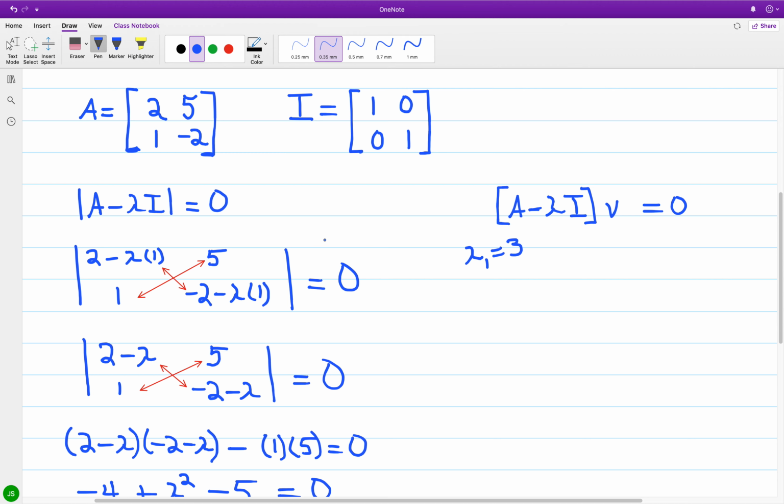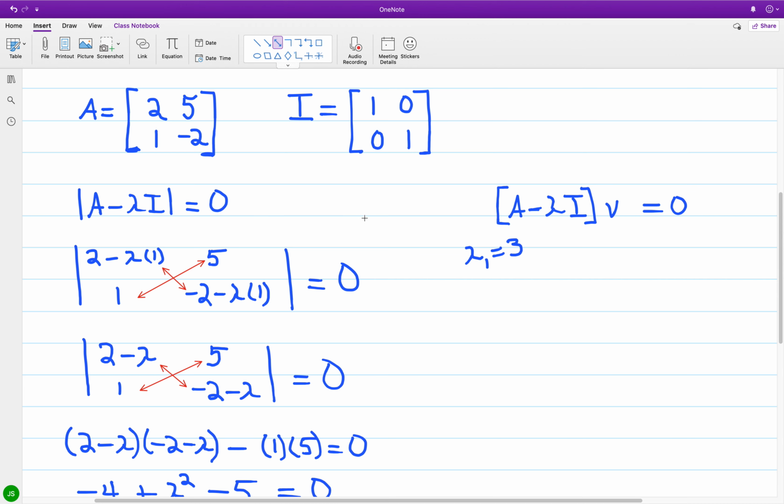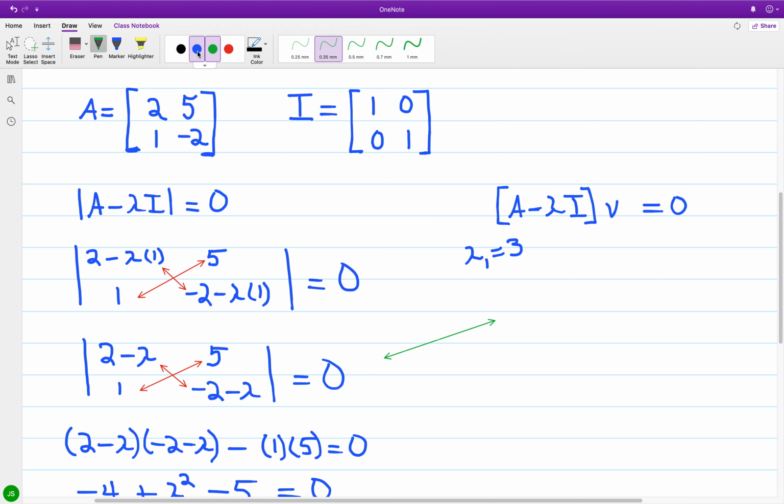Going back to what we have from the determinant stage, for lambda 1 equal to 3, we have 2 minus 3 is negative 1. We have 5. We have 1. We have negative 2 minus 3, so this is going to be negative 5.